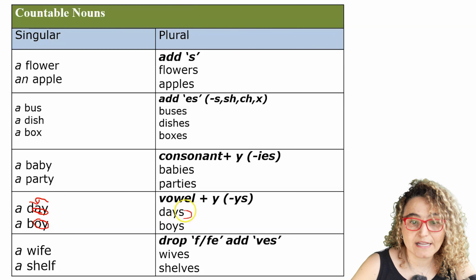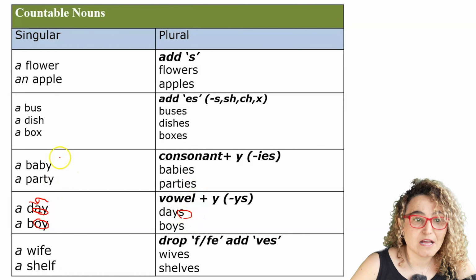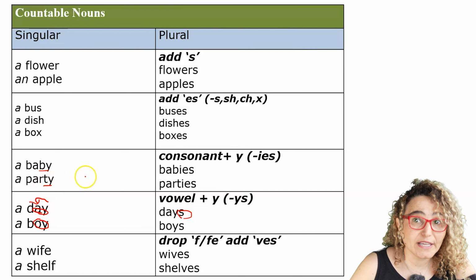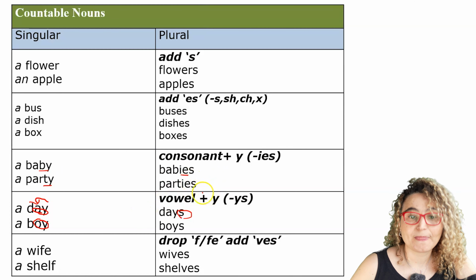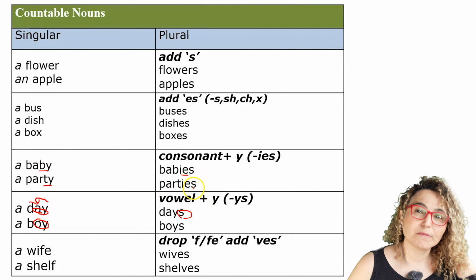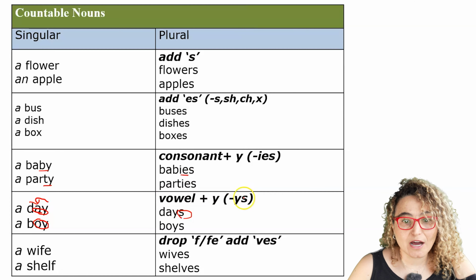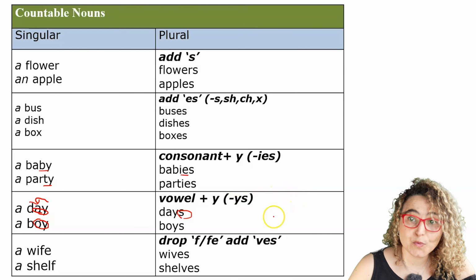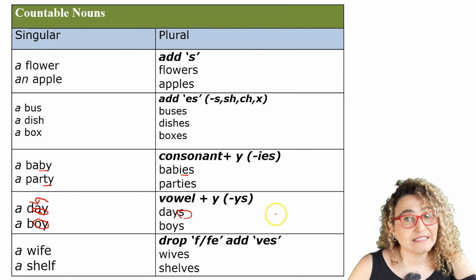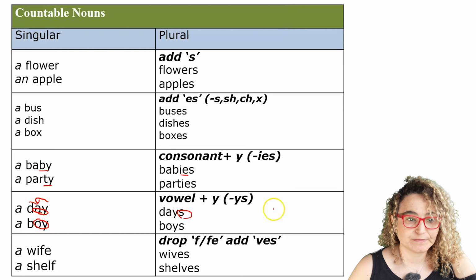We just add an S. Okay? But if you notice here, there is a consonant before the Y, so we change it to IES. As we've talked before, vowels in English are the A, the E, the I, the O, the U. These are the vowels in English. All the other letters are called consonants.